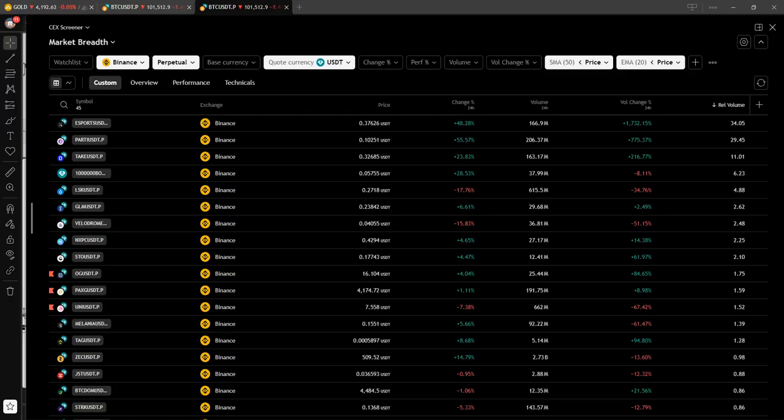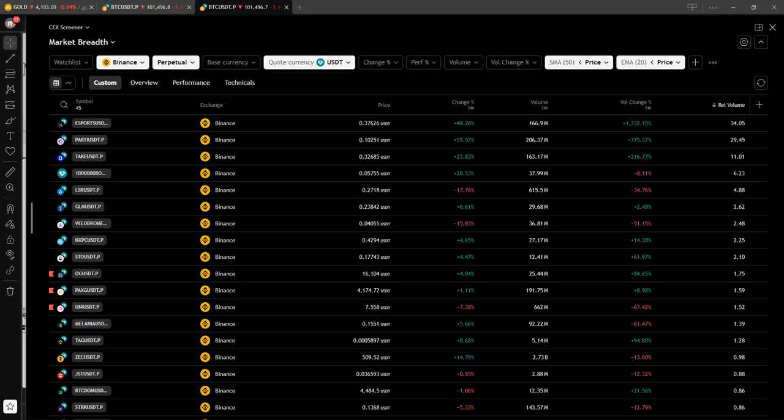On the other end, you've got weak breadth, where only a few big names, the Mag 7, Tesla, Nvidia, Meta, whatever, are rising while the rest of the stocks are falling. That signals fragility in the rally. It's a top heavy market, driven by only a select few stocks.